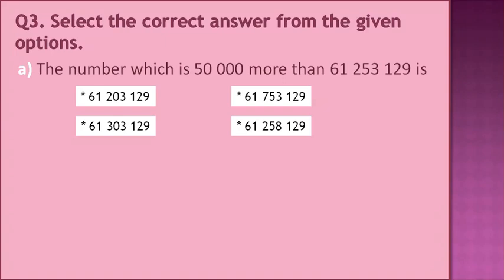Now question number 3. Select the correct answer from the given options. Now you have to select the best answer from the given options. You can see the given options, 1, 2, 3, 4. Here you have two methods to find the correct answer.